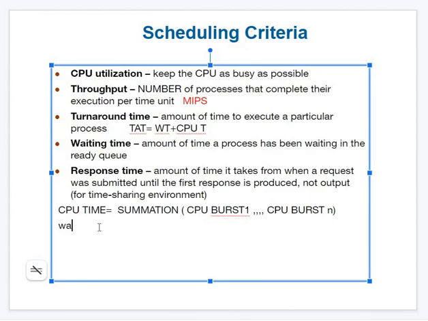The waiting time is equal to the summation of the input or output bursts, from the first up to the input/output burst n. So that's how to give the representation.